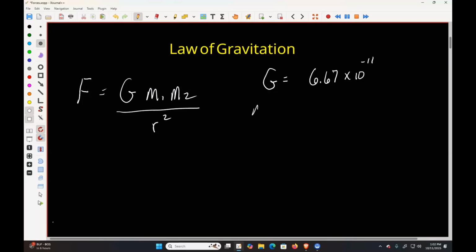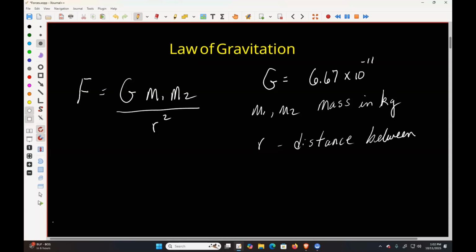M1 and M2 are the masses of the two objects in kilograms. R is the distance between the centers of the two objects, which will be in meters.